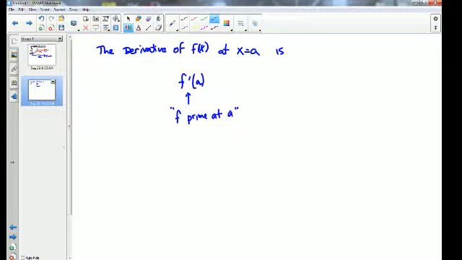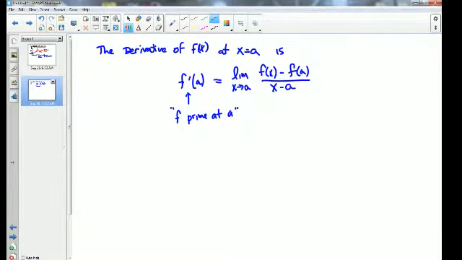It's the single quote mark, like an apostrophe. So f prime at a, and here's your limit. Look familiar, I hope.